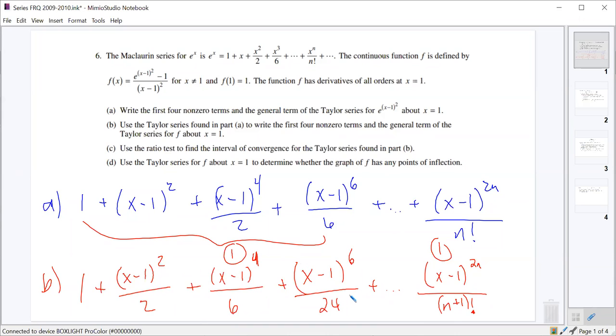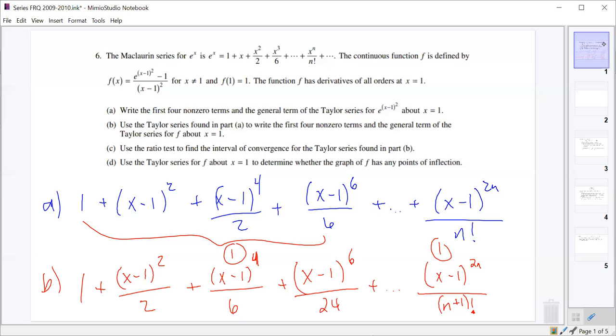Everybody good with those? X minus 1 to the 2n over n plus 1 factorial? Yeah. Okay, cool. That was worth also 2 points, 1 for the first 4 and 1 for the general term.